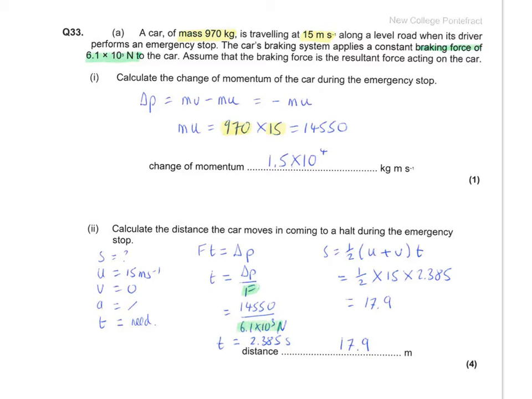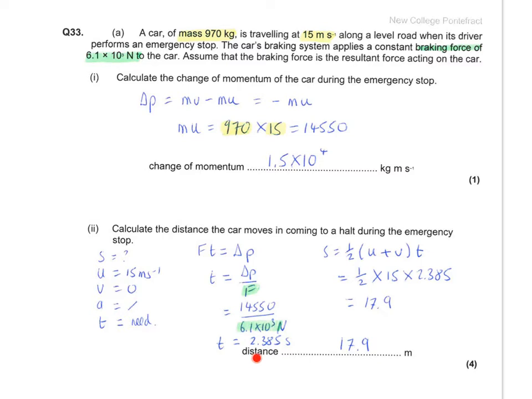Substitution then, using our change in momentum from the previous part of the question, bringing that down to the top line of our fraction, and then the force, the braking force acting upon the car below. Notice I've used all the significant figures that I could, having kept a record of those in part 1.